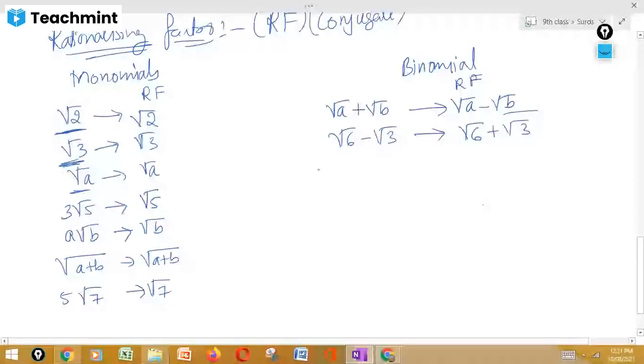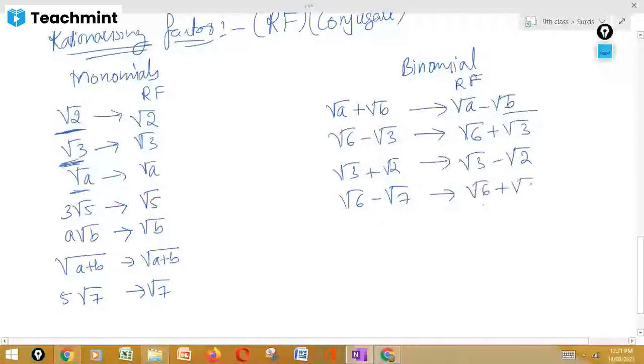Root 3 plus root 2, what will be its RF? Root 3 minus root 2. Very good. Root 6 minus root 7? Root 6 plus root 7.